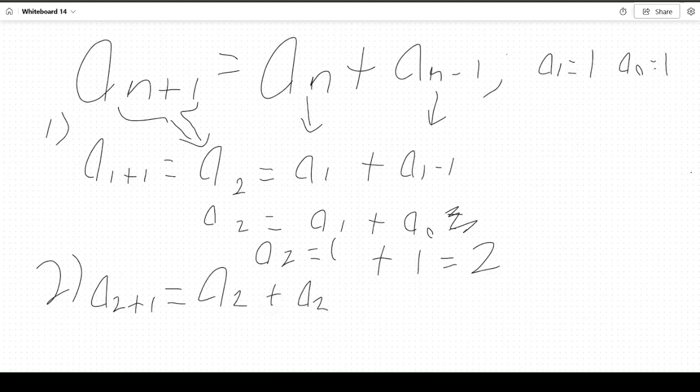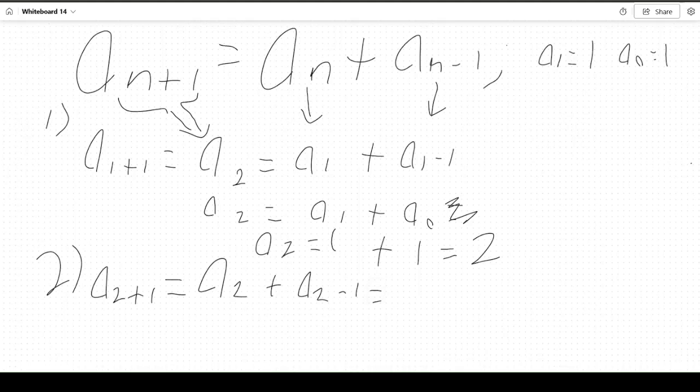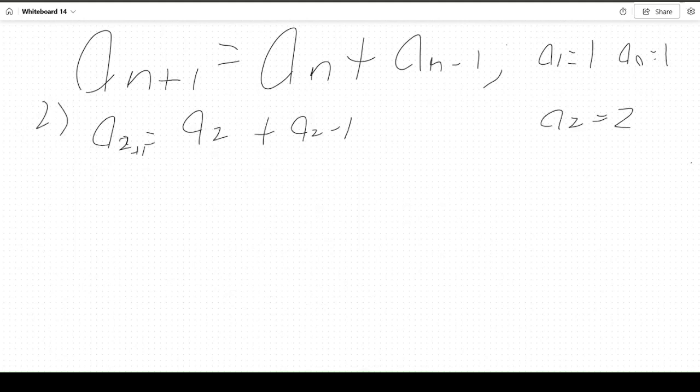So this will be like that. a2 minus 1 would be a1, and we have a2 already because we solved it in the previous step, and we have a1 just from our problem.